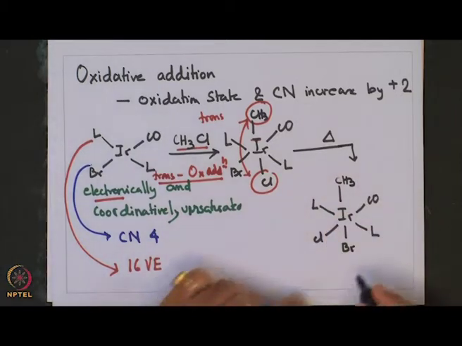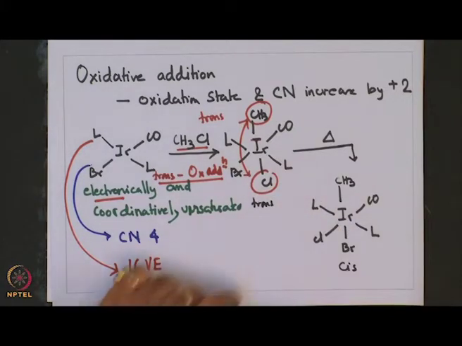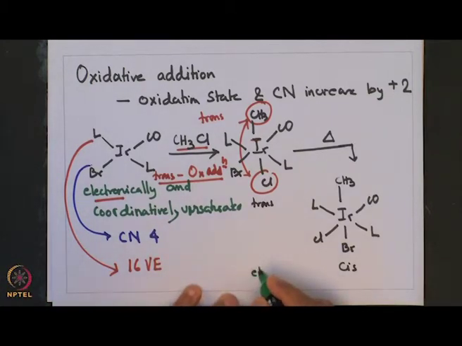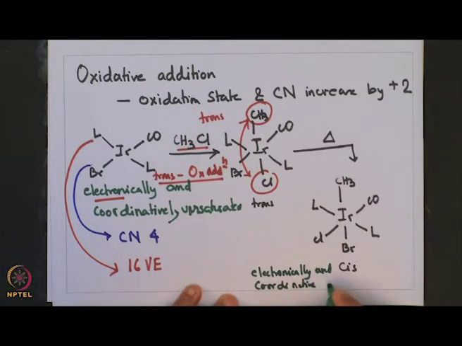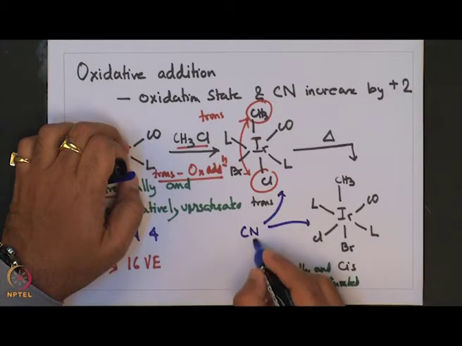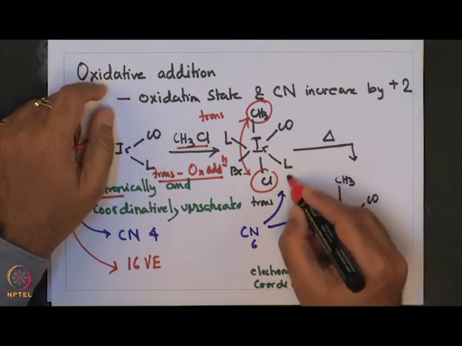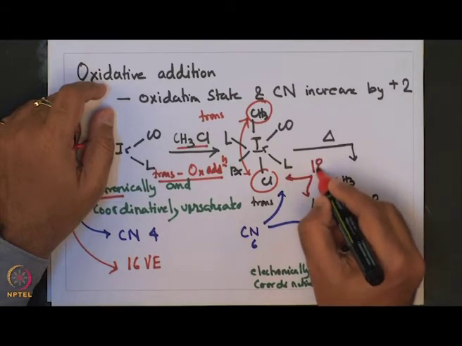So, both the cis as well as the trans compound are electronically and coordinatively saturated, as their coordination number is 6 and their valence electrons are 18.